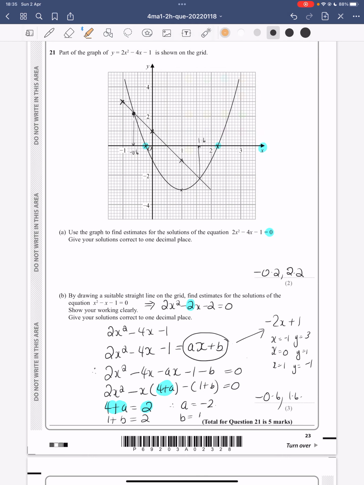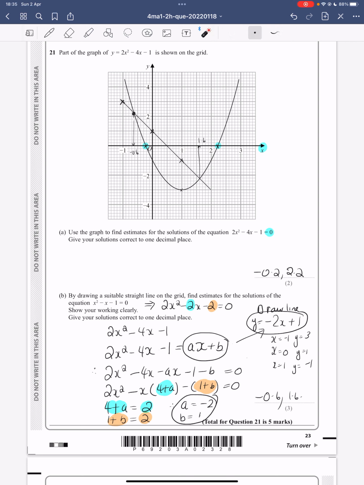And then the next bit here, this 1 plus b has to be the 2 there. Okay, so a is minus 2 and b is 1. And then I go back here and put a is minus 2: minus 2x plus 1 is the straight line that we need to draw. Draw the line y equals minus 2x plus 1.